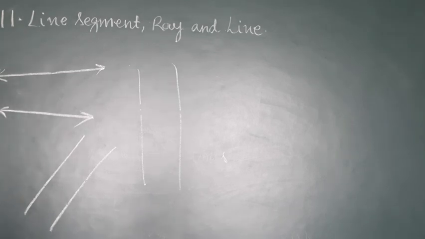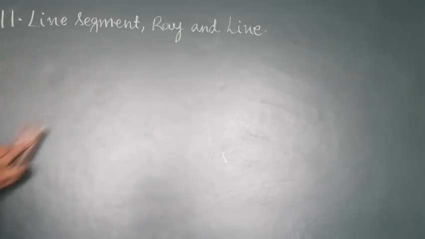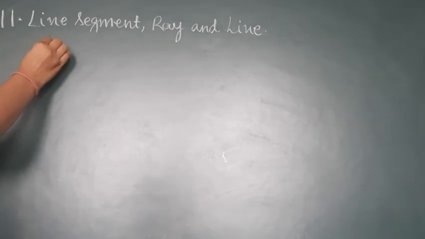Now, I want to discuss concurrent lines. Three or more lines in a plane are said to be concurrent if all of them pass through the same point, and this point is called the point of concurrence. Which lines are concurrent lines? More than two lines intersecting at the same point.